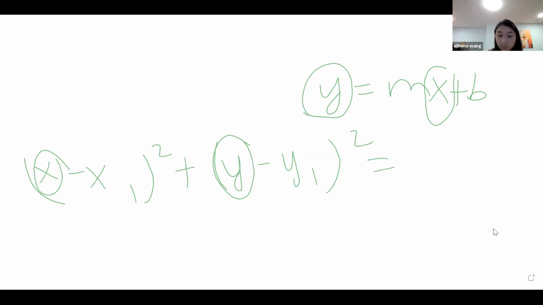If we have a point x comma y, let's just have our radius over here, and we want to test if it lies on the circle, then we plug it into our x here and our y here. But the x1 and the y1 are fixed because we already know the center of this circle. Okay? Does that make sense?